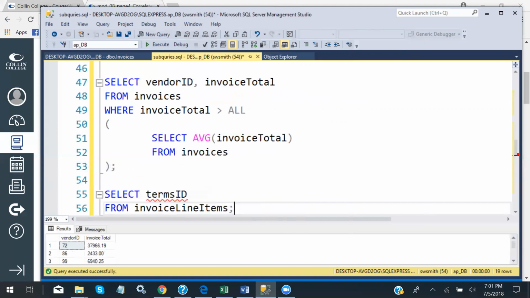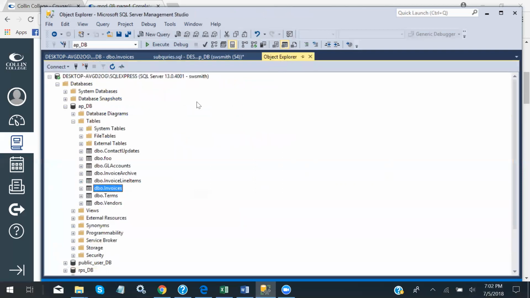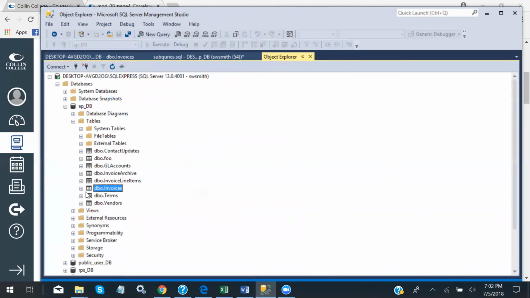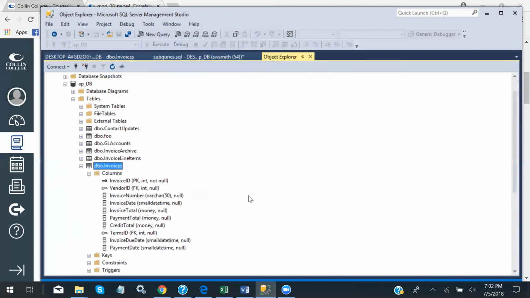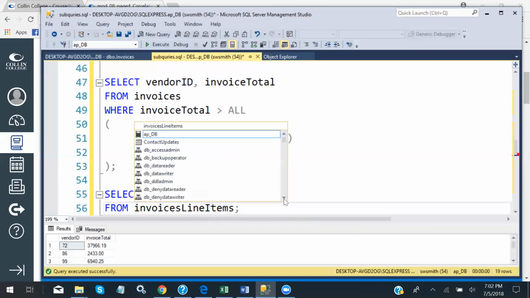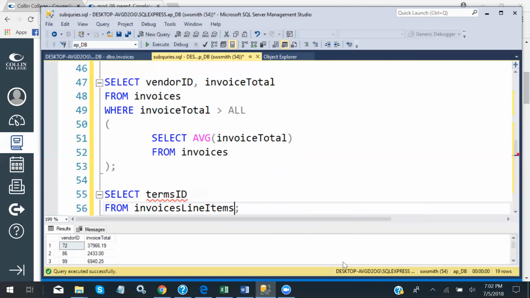Yeah, terms ID is in invoices. Okay, select terms ID from invoices.